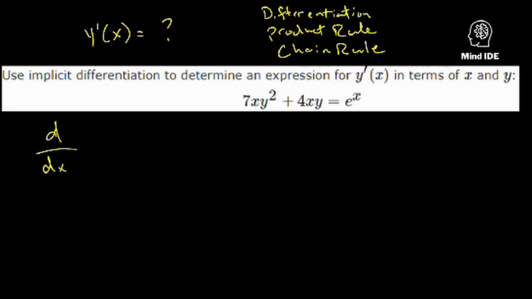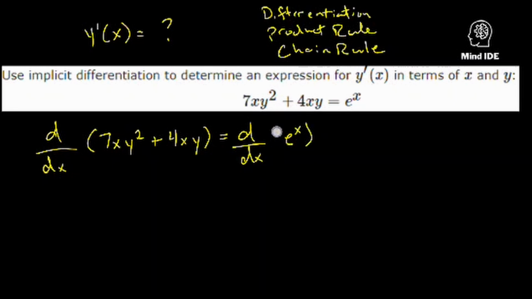The reason we have to do this is because y is tangled up in this equation, so we can't just do a standard differentiation, an easy one. So we write this out, 4xy equals d over dx of e to the x.